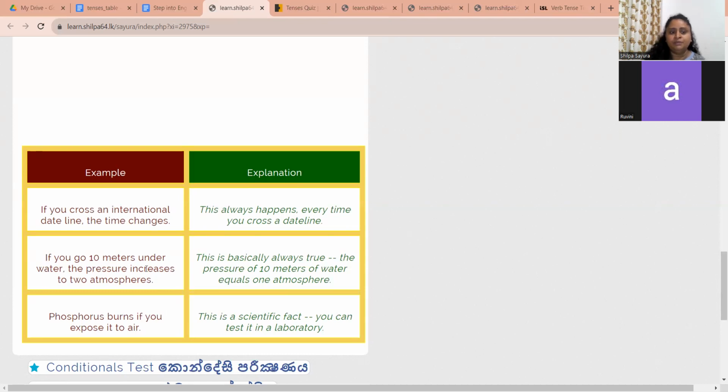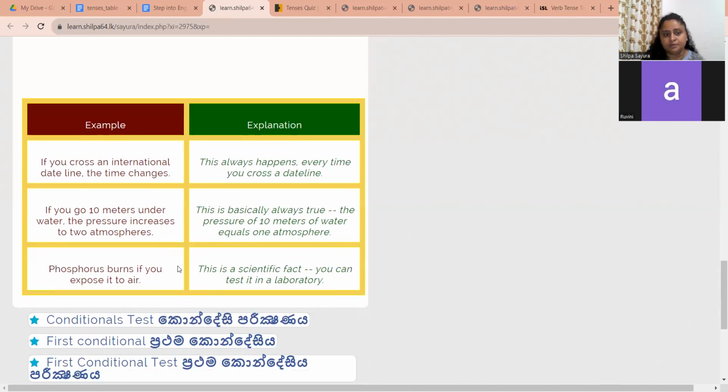So if you go 10 meters underwater, the pressure increases. The pressure increases as you go deeper. That's a scientific truth.